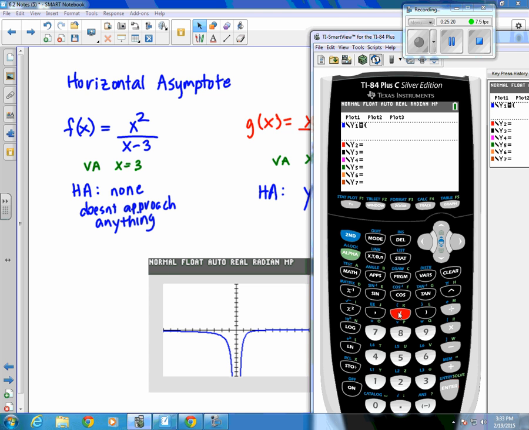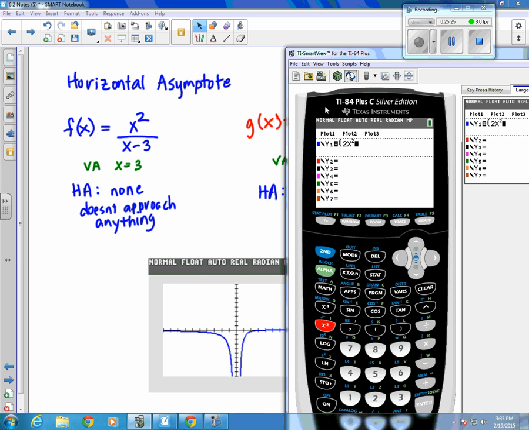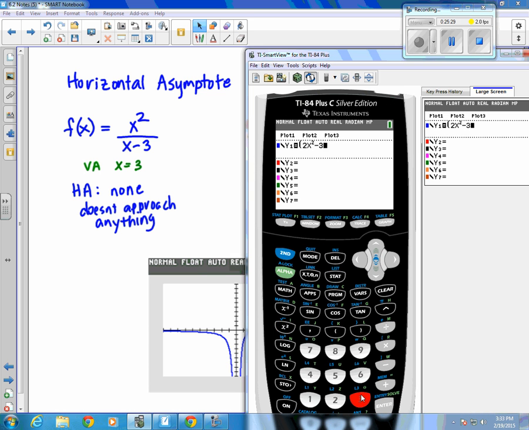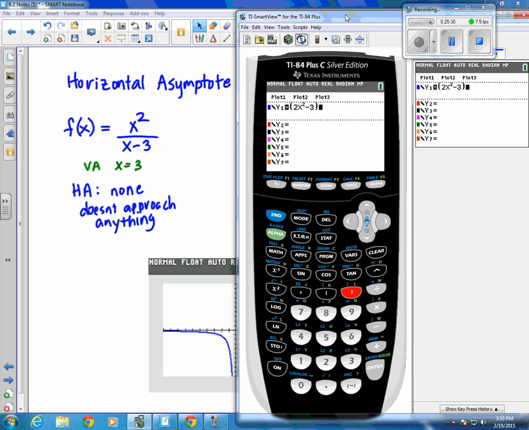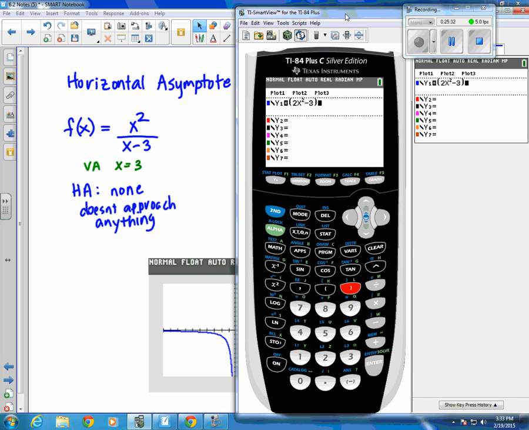So I had 2x squared. And then what did I put? Minus 3, in parentheses, divided by x squared plus 1.